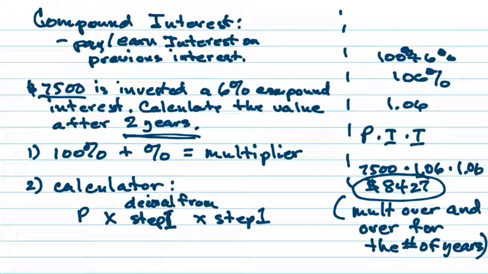It turns out that it makes a difference of simply pennies. So it really doesn't matter. But yeah, the more compounding periods you can get, the better, if you're earning interest. If you're paying interest, the fewer compounding periods, the better. Okay? Because every time you have a compounding period, so 2 years, you have to multiply the multiplier again. Okay?